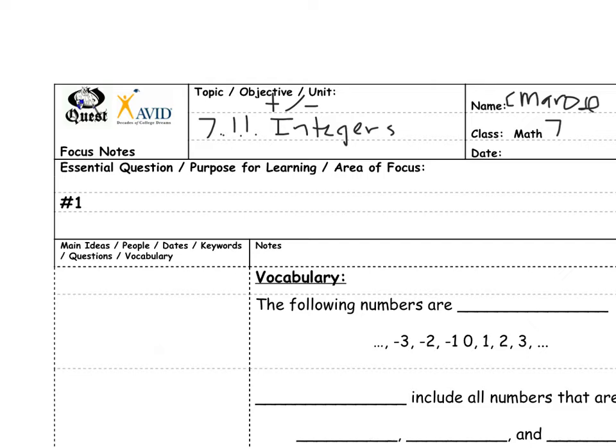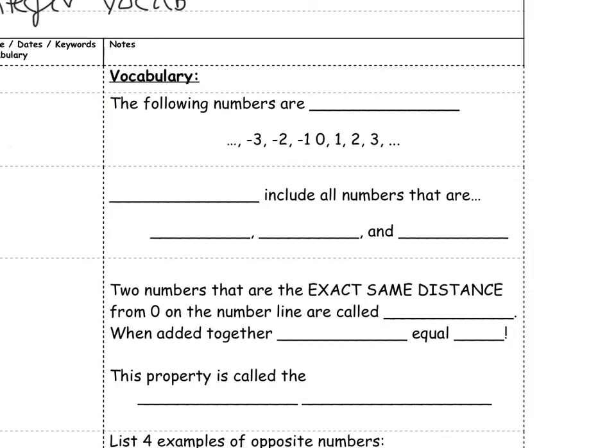So the first lesson is all about integer vocabulary, and it is a review from 6th grade. Integer vocab. So when you see positive and negative numbers and 0 without any fractional parts, these are called integers.